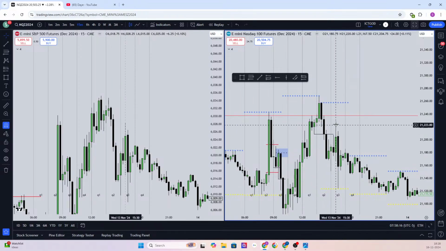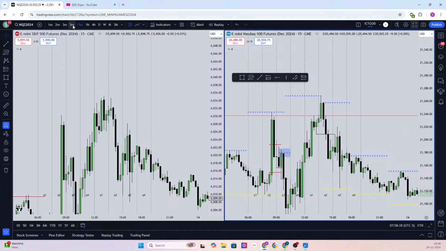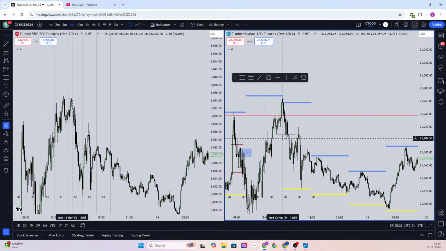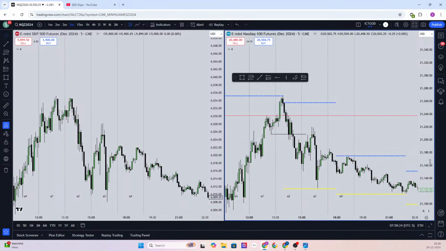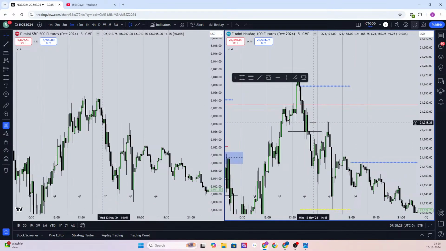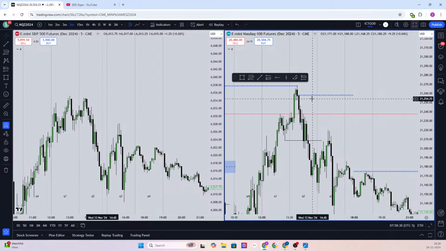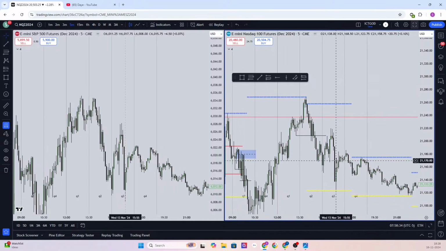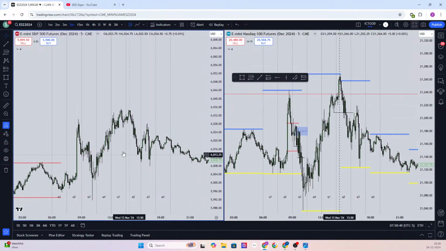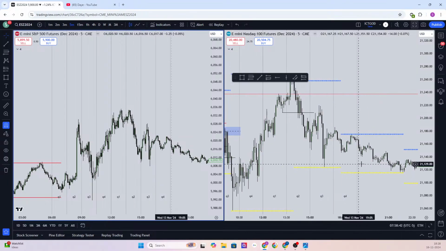Immediately another push down. I don't trade it, but as soon as the price broke below this, you could have. It was a bad risk to reward because you can't keep the trade till the open, and it was somewhat in range, so I personally hate it.